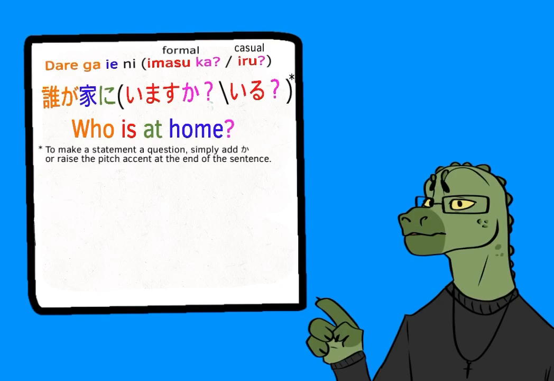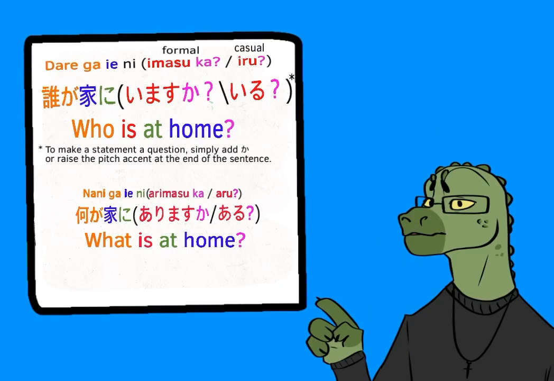Who, subject particle. Home, with the particle ni to denote location. And imasu, which is the formal conjugation of iru. You could also just say dare ga ie ni iru with a raised intonation to imply that you're asking a question here.